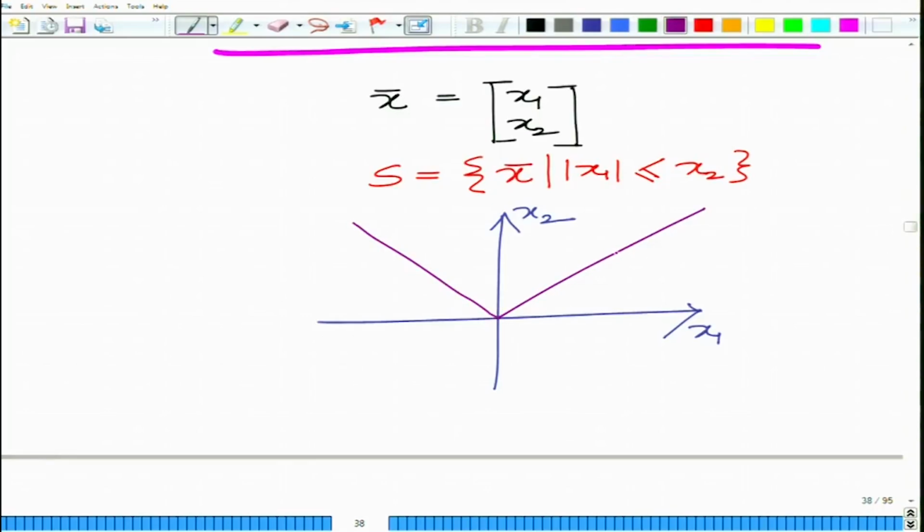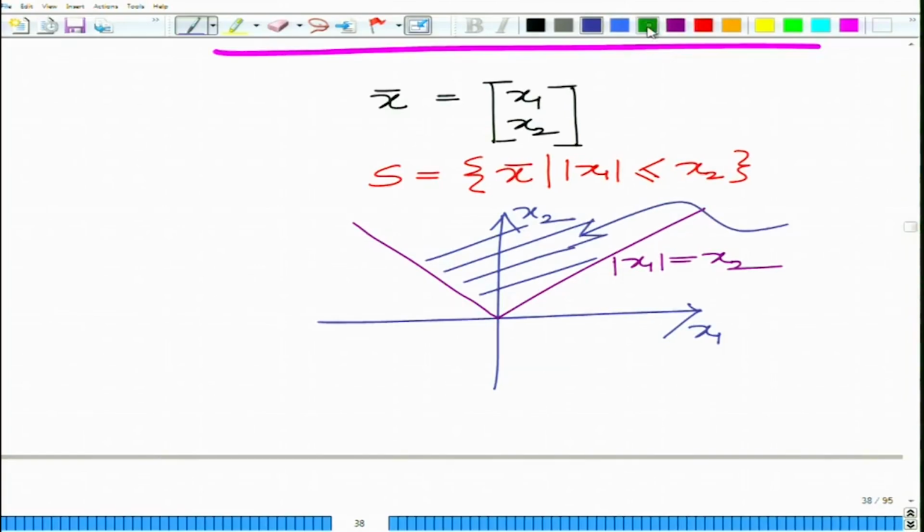If you look at this region, it represents the region magnitude of x1 less than or equal to x2, and you can see this region is a cone, and this is basically also convex.